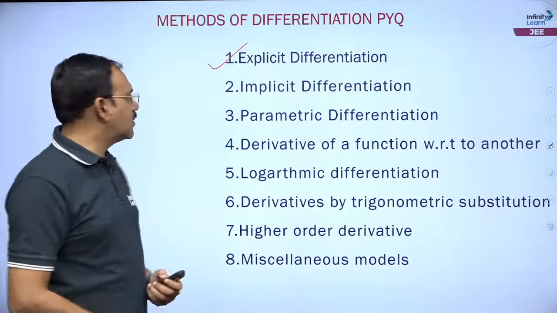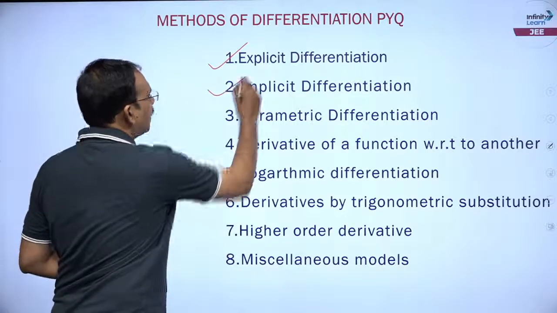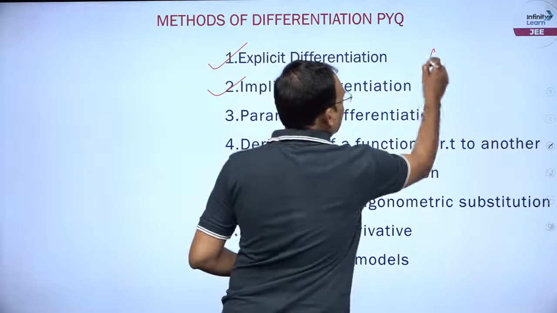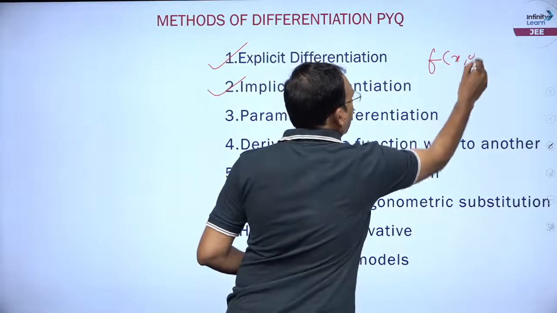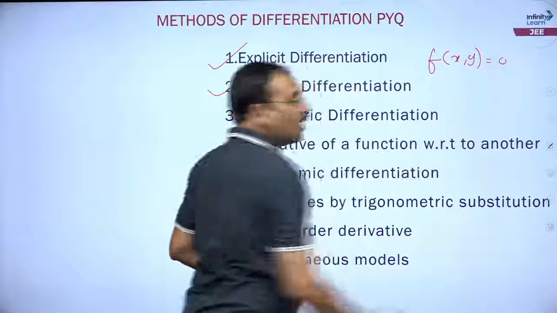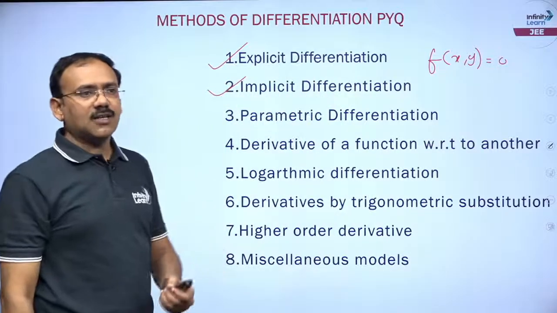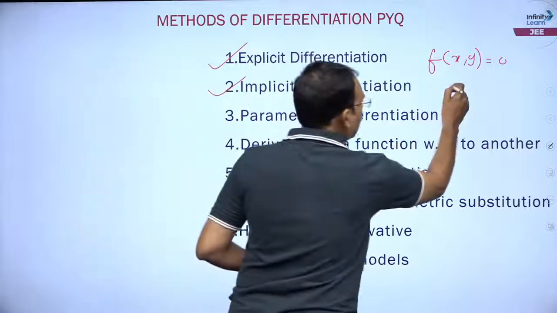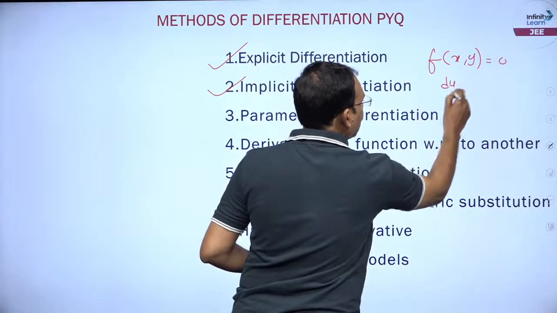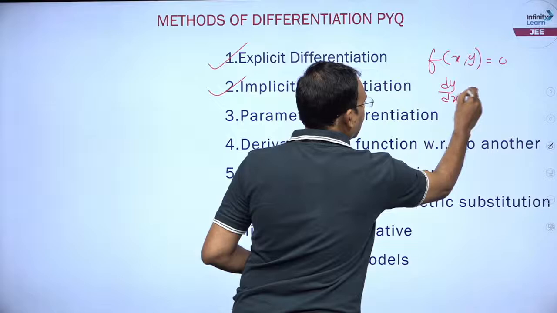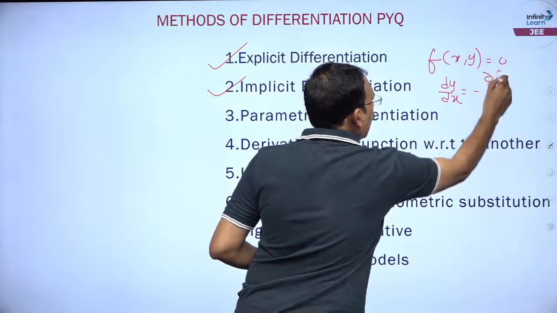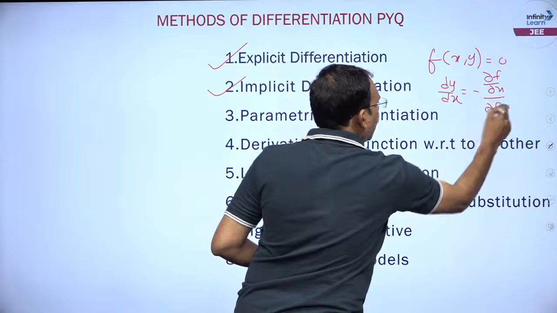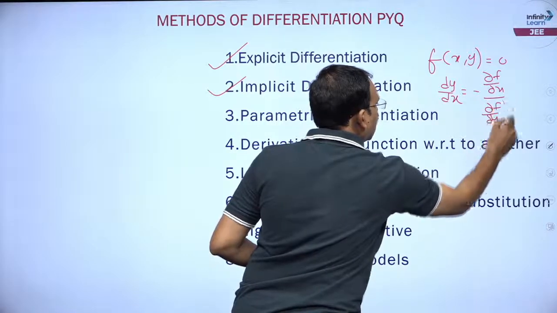Second one is implicit differentiation, where the function will be connecting x and y, f of x, y equal to 0. I think everybody knows the shortcut to find the derivative in this case, which is dy by dx equal to minus dou f by dou x divided by dou f by dou y. This is the shortcut, dear students.